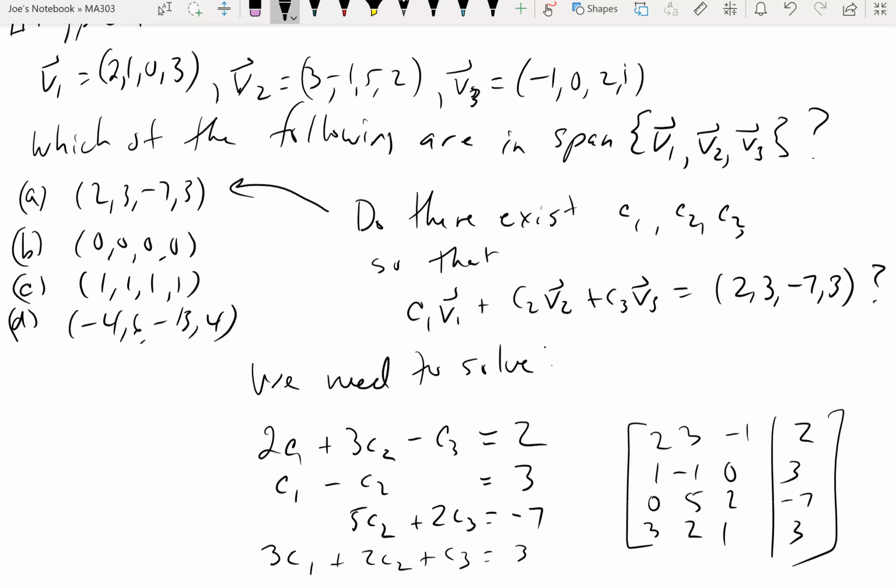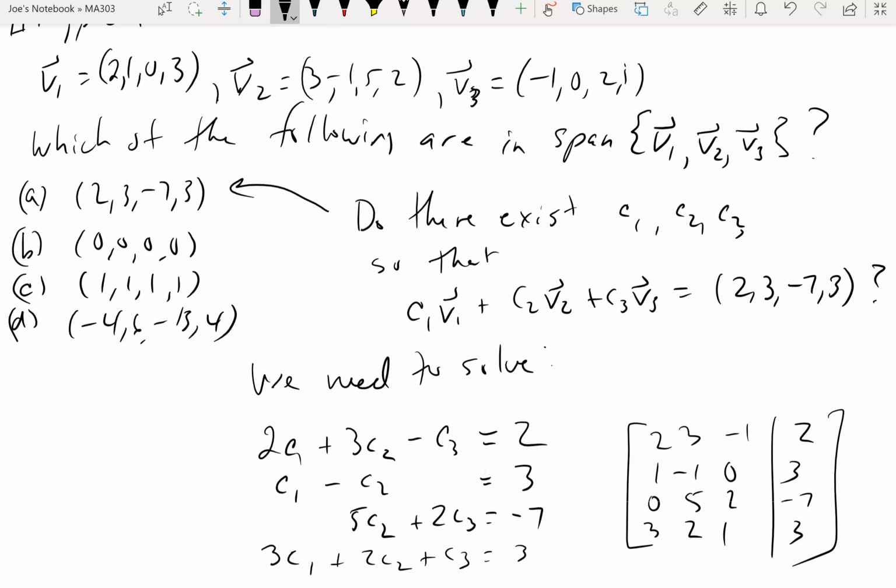In almost everything that we do, there's going to be one exception, which is kind of weird, but in almost everything that we do, this is exactly what we're going to do if we use row reduction to help us answer a question. You're going to take the vectors that you're interested in, put them in columns of the matrix, and row reduce. This is typically the first step in everything.